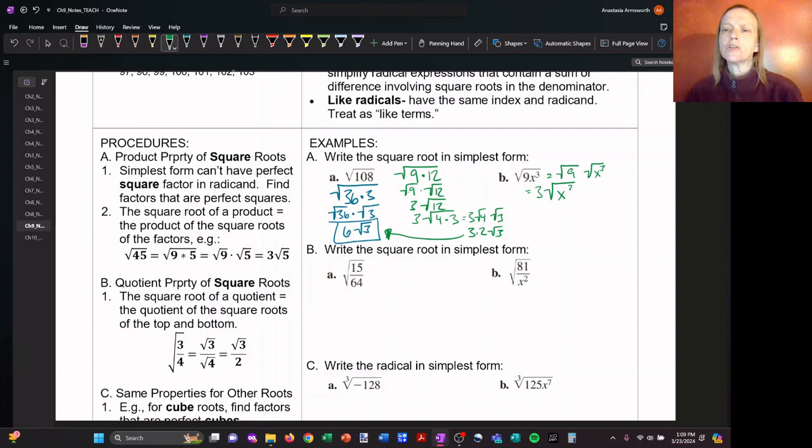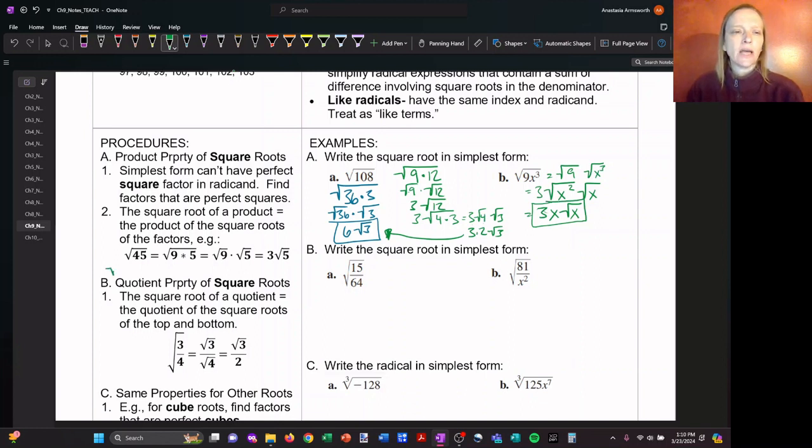If I split this into x squared times x, it's a little easier to see what's going on. The square root of x squared is just x. So I'm left with 3 and x outside of the square root symbol, and the square root of x cannot be simplified anymore. And so my final answer is 3x times the square root of x.